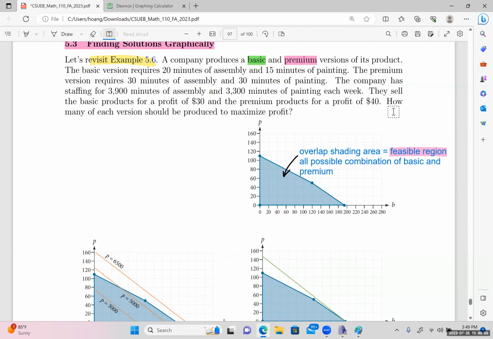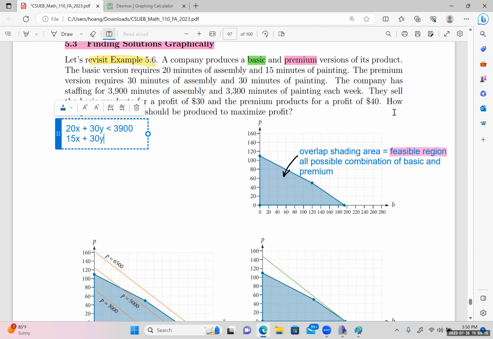And last, we go ahead and put out the linear inequality system: 20x plus 30y less than or equal to 3900, and the second one is 15x plus 30y less than or equal to 3300.